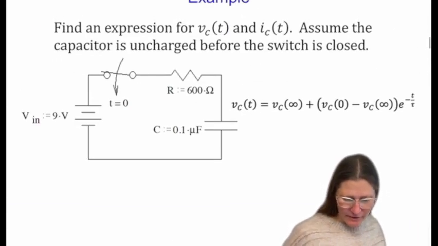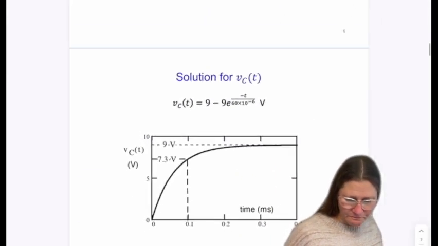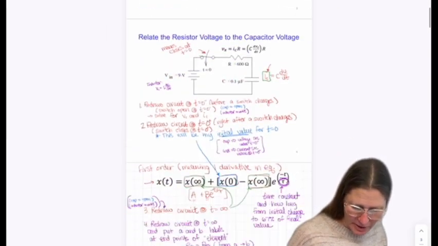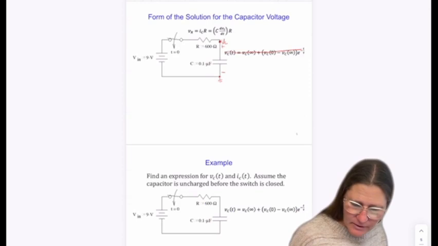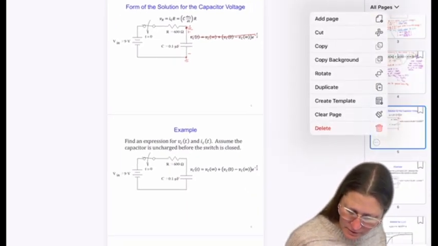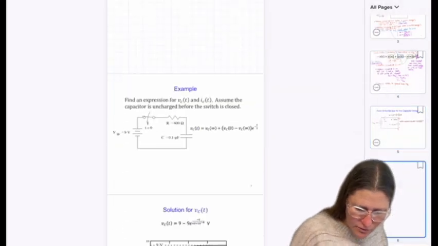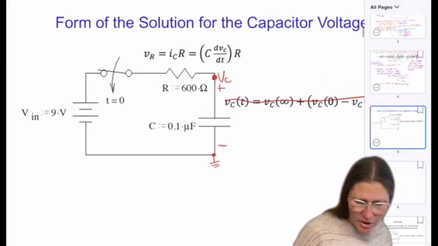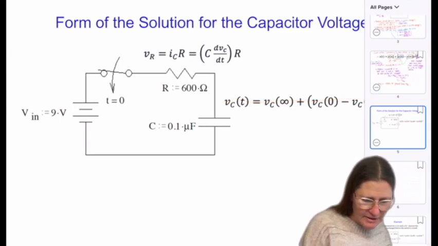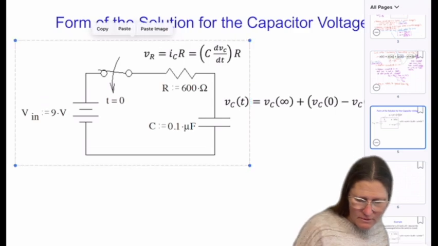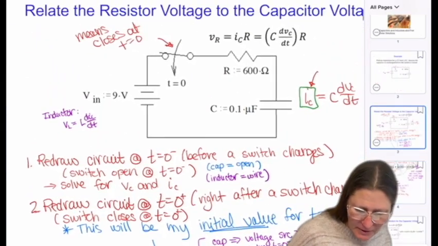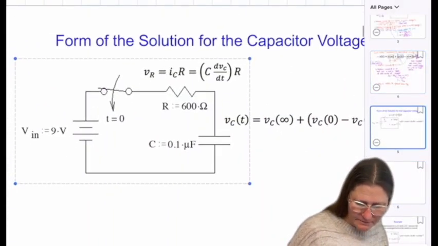Okay, so let's solve this. To get to the solution, you're going to have to redraw this circuit multiple times. So let me add another page. I want to copy this circuit, and we're going to multiply it by 3.